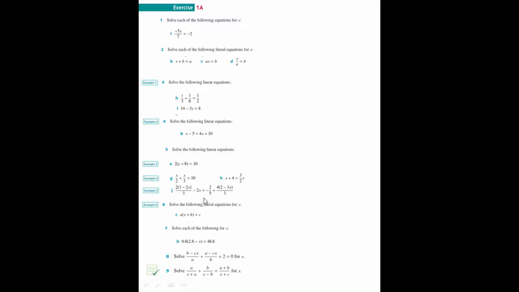Now what I'll be doing after you have a chance to attempt these, I'll not be solving all of them. I'll pick the ones that are the harder ones and then give you the solution for them.